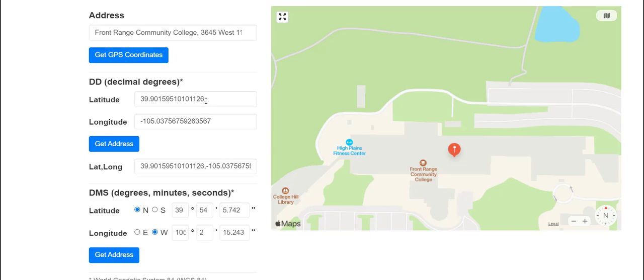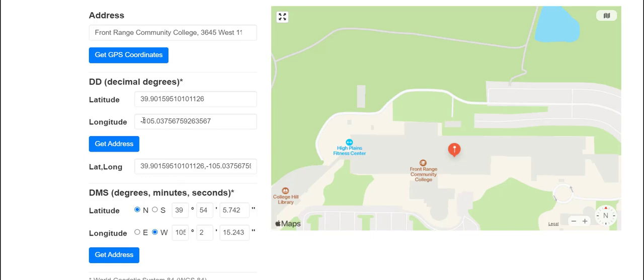But what I want to talk about is this other way of representing a location in terms of degrees, minutes, and seconds. So notice this is a latitude of 39 degrees. It still has a latitude of 39 degrees, but rather than saying 0.901 decimal of a degree, we have 54, and this symbol we're going to show means minutes, and then 5.742, and this symbol is going to stand for seconds.